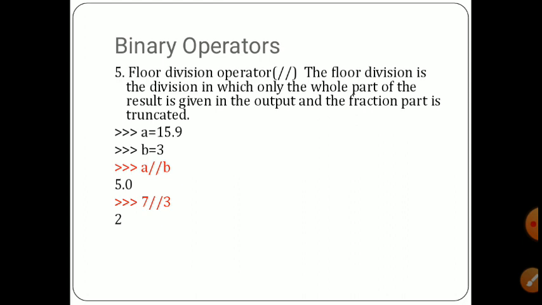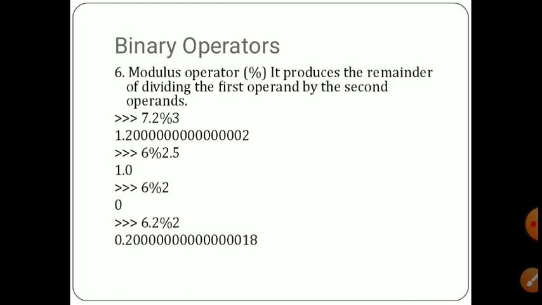It means it divides 15 by 3, so it returns the result 5.0. Same thing if we do 7 floor division by 3, it will return only the whole part. Okay, whole part value 2, 3 twos are 6 and the 1 will be skipped.